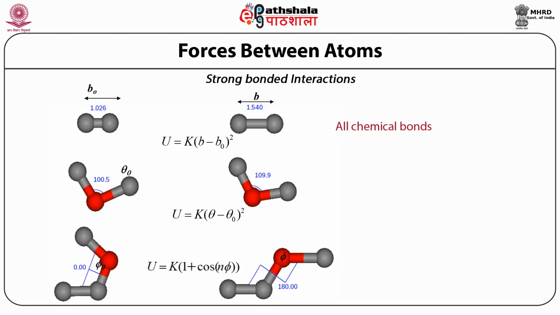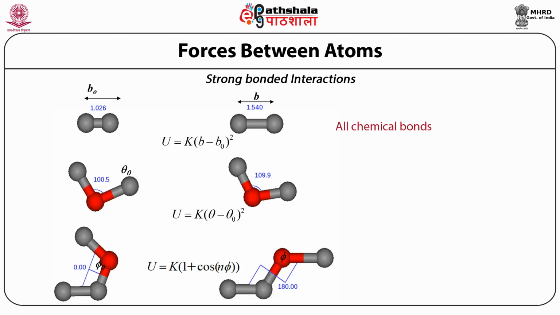The deviation from such a bond length is the only thing we measure when we find the actual forces between atoms. So we use the difference from the equilibrated molecules and see what happens from its change.